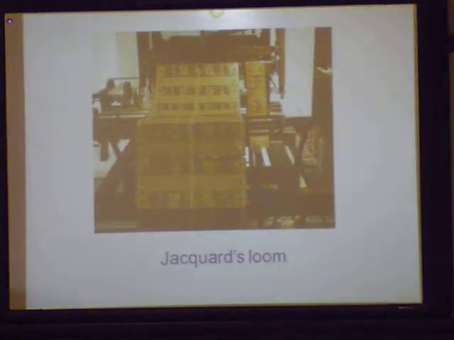Putting those holes in there was programming that machine. Mechanical programming, but programming nonetheless, 300 years ago already.